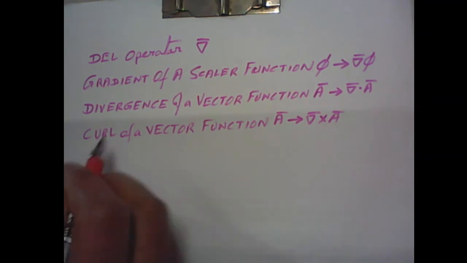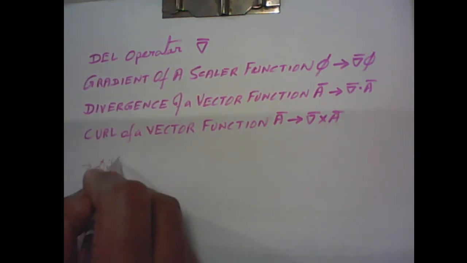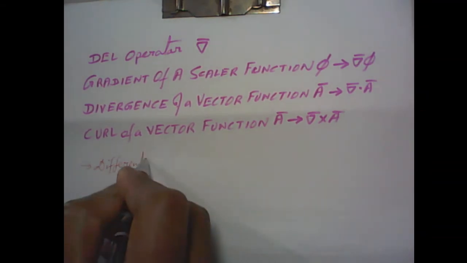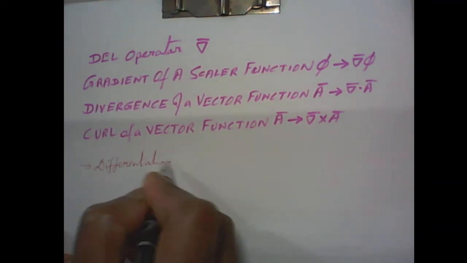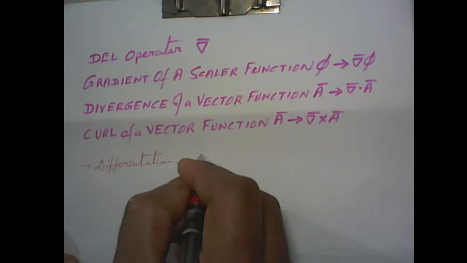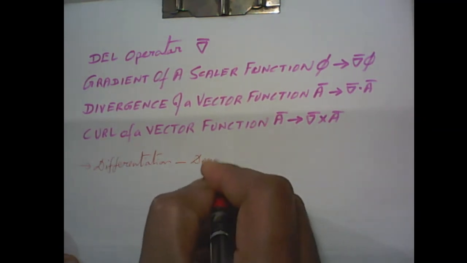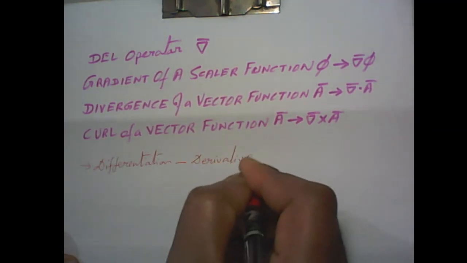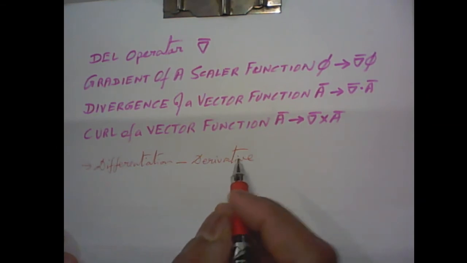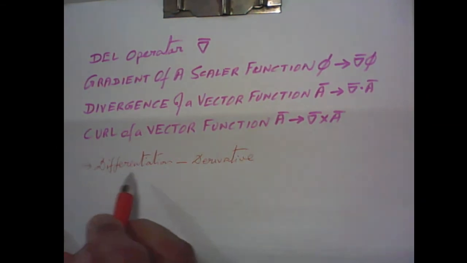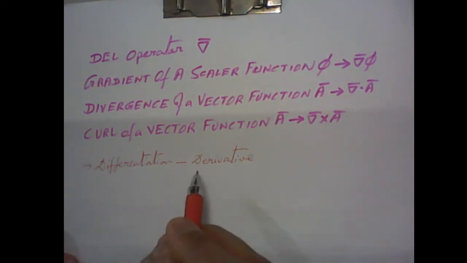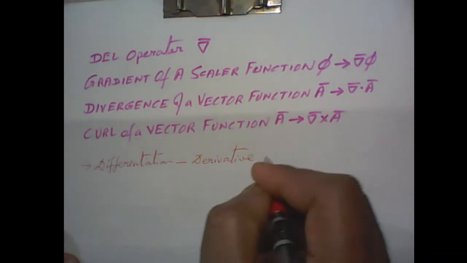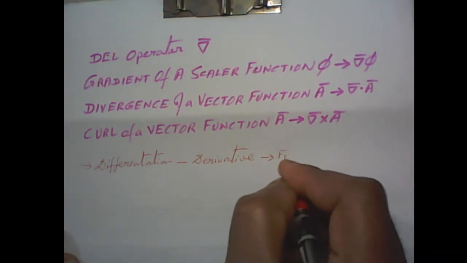In your higher secondary, what you have studied is probably differentiation, and you have been talking about the derivative. If you remember, differentiation is the process of finding the derivative of a function.